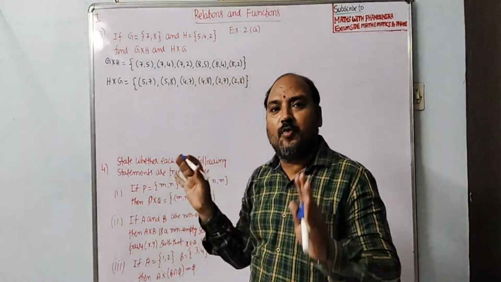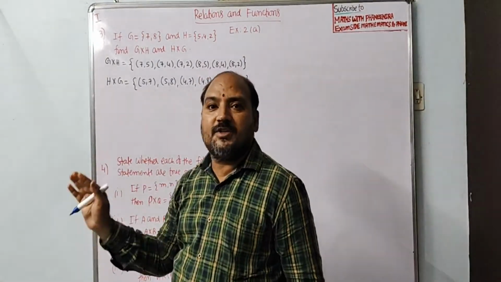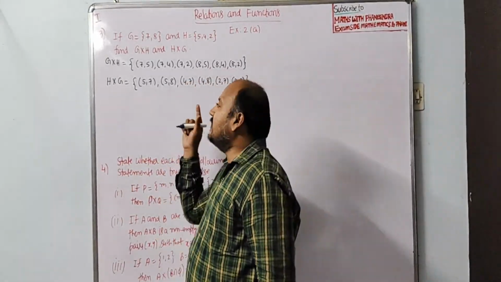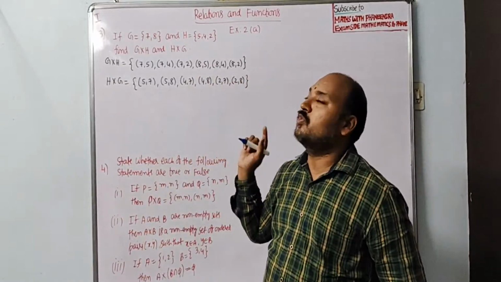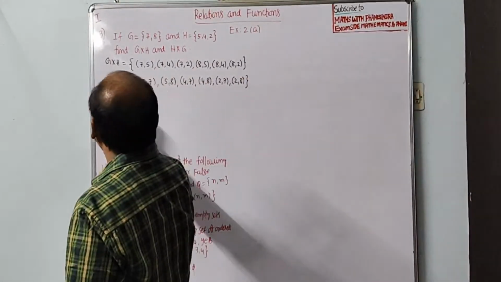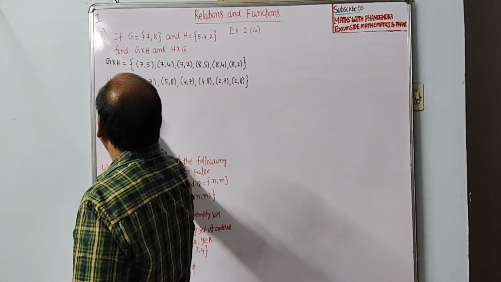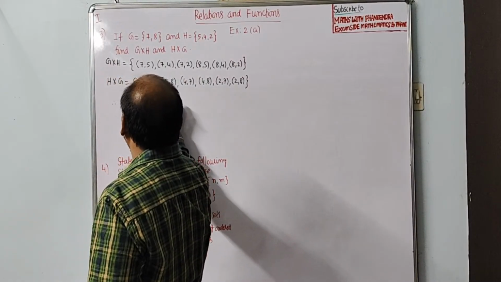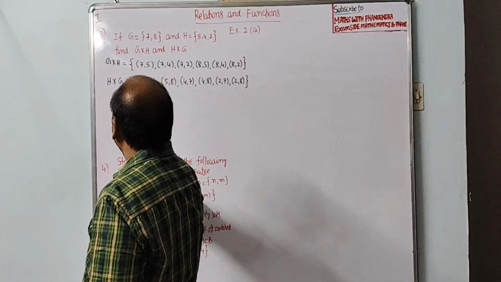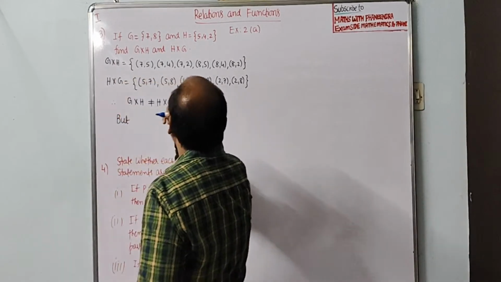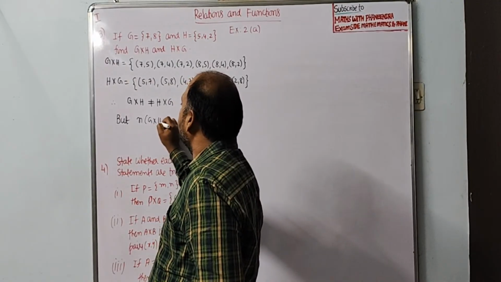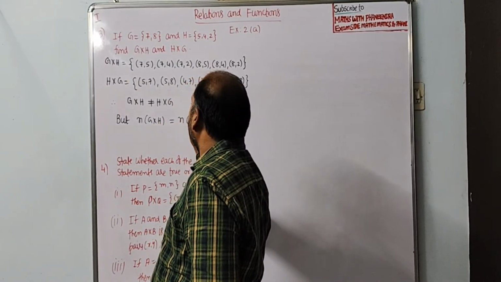They are asking to find G cross H and H cross G, but we have to decide whether the cross product of the two sets is equal or not. By observing the data, clearly G cross H is not equal to H cross G, but the cardinality n of G cross H is equal to n of H cross G.